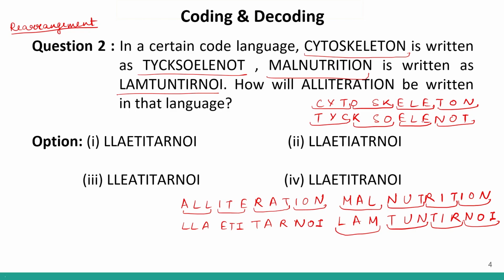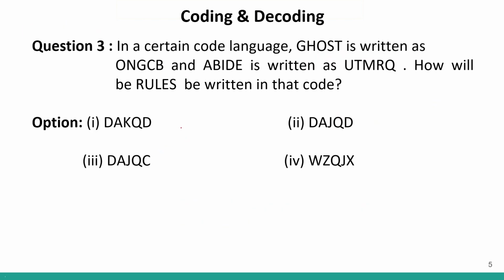Correct? This will be the order: LLAETITARNOI. This is given in option number 1. So option number 1 will be the correct answer to this question. Clear? Moving on to question number 3.